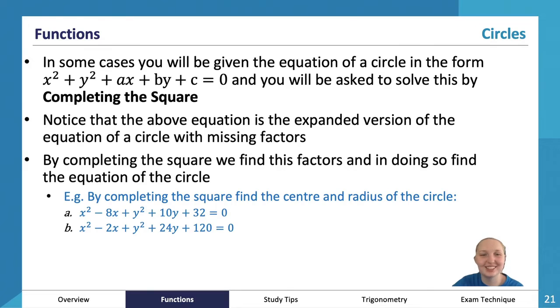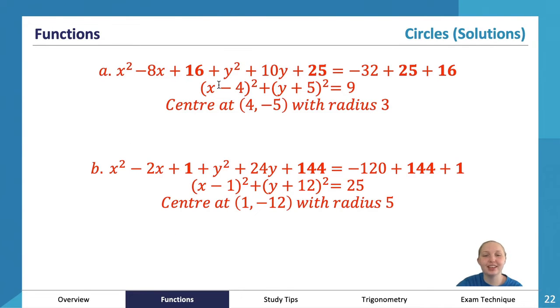So when we are completing the square, we've got x squared minus 8x. We half our coefficient of x and square it. So half of negative 8 is negative 4. Negative 4 all squared is 16.